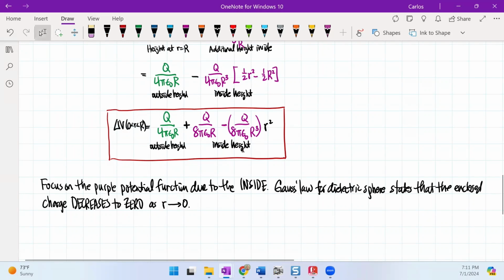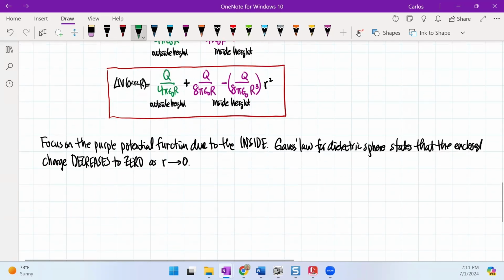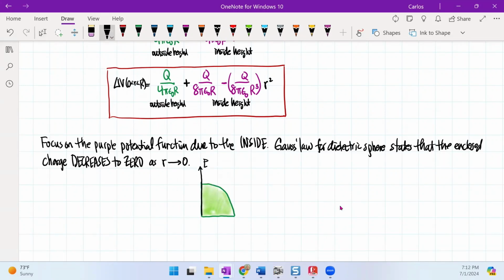So if I look at this picture-wise, you could imagine that I have my sphere here. And what you're seeing here is that if I now plot the electric field, okay, you know what? I'm going to bring this down because I'm out of space. So if I call this axis the electric field inside, and this right here is R, we know that we have a uniform charge distribution in here.